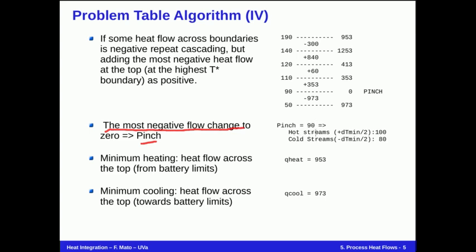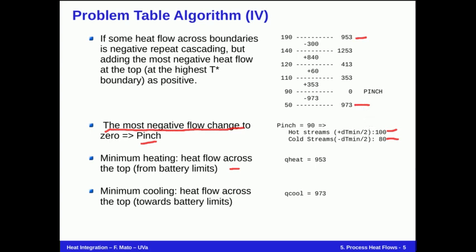That means that for hot streams the pinch will be at 100 Celsius, half the minimum approach up in reality, and for cold streams it will be 80, half the minimum approach down in reality. The minimum heating will be the heat flow across the top from battery limits, this 953, and the minimum cooling will be the heat flow across the bottom towards battery limits.